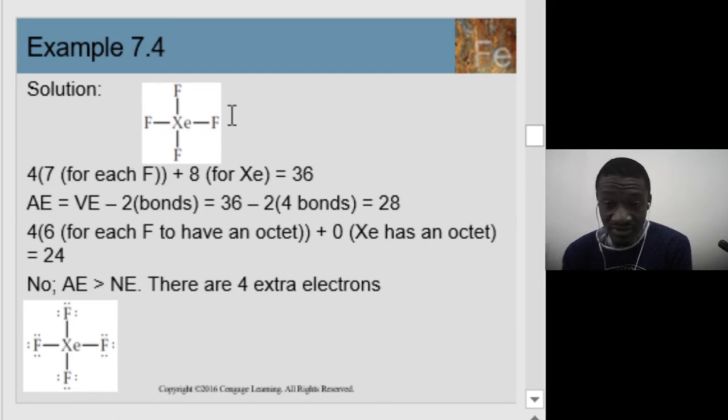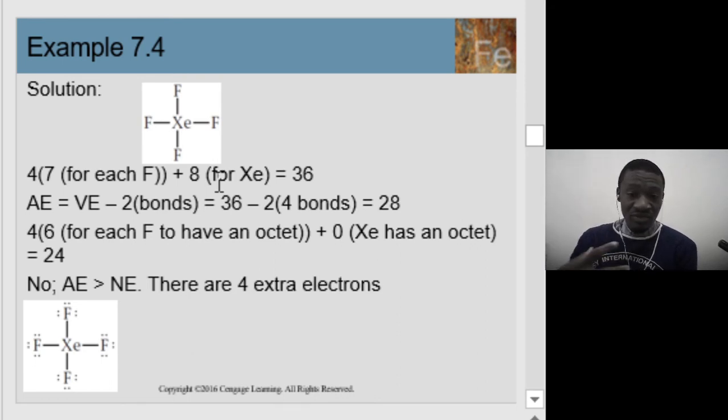You just draw a rough sketch, and then you work out 4 times 7, which is the 7 around the fluorine, multiplied by 4, which is the 4 of them, plus 8. Notice that the 8 is for xenon. Xenon has complete electrons, but it's one of those strange situations where you have a noble gas still reacting, because the electrons are far away from the nucleus.